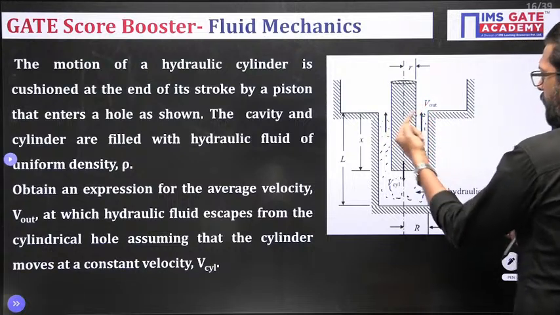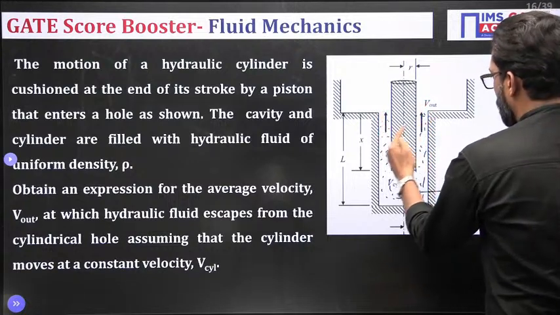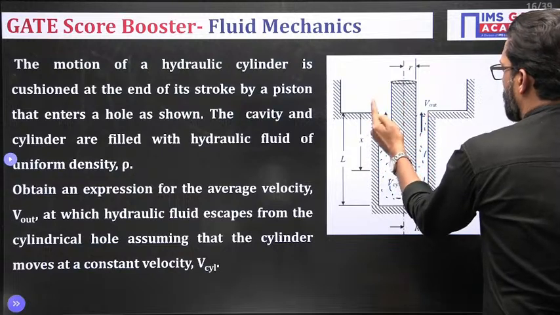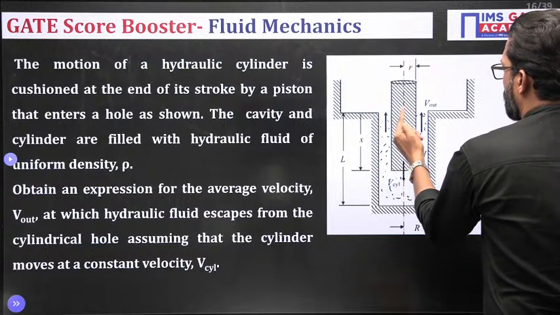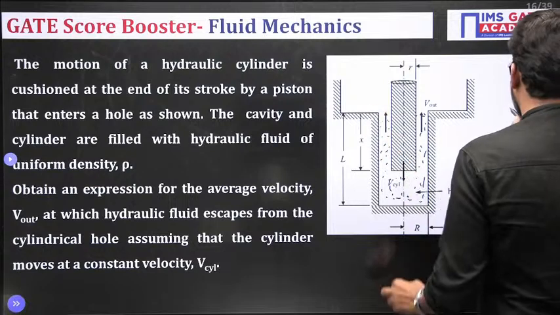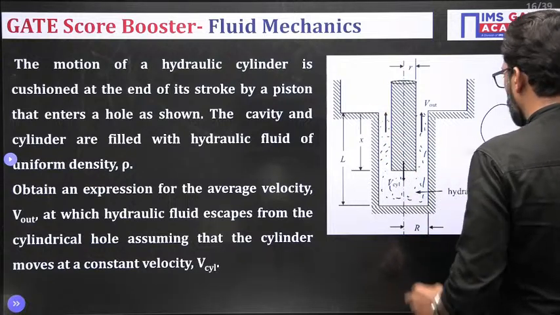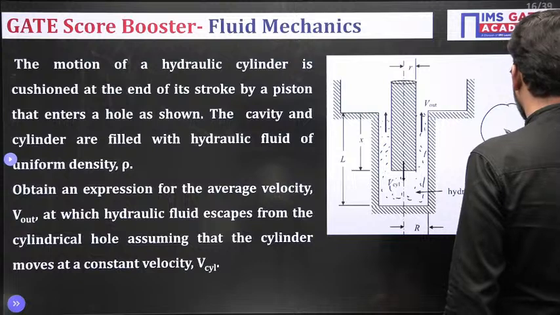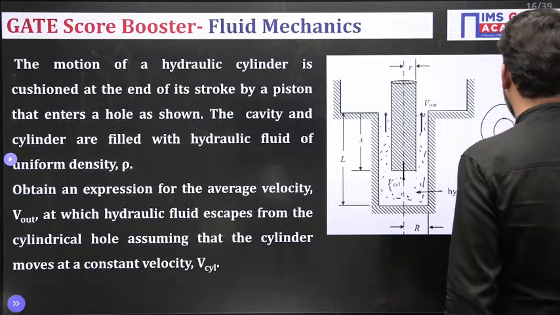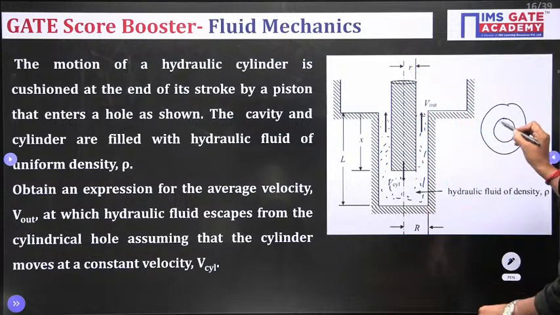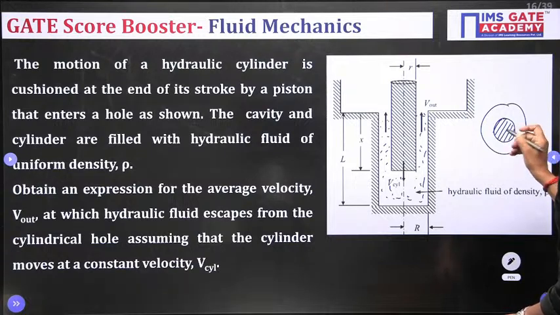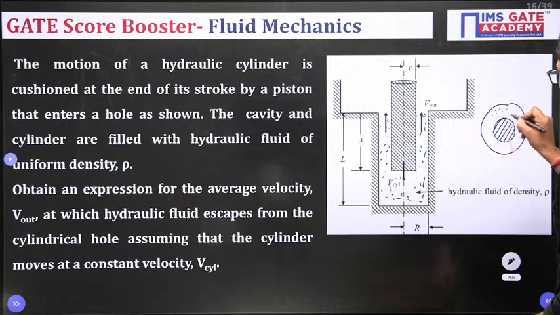Why? Because there is a capital diameter and there is a smaller diameter. So this is your capital R, and this is your small r. This is your small r, this is your cylinder, and this is your capital R. So in that there is a fluid in the annular space.